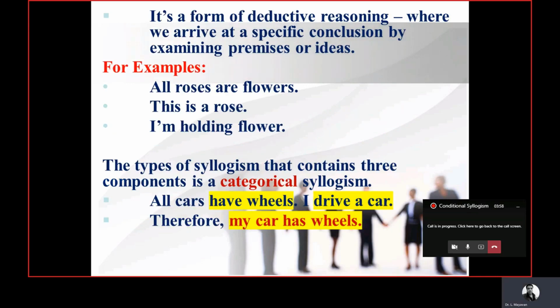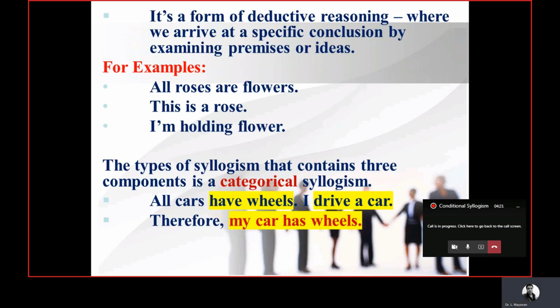And the syllogistic statement is a form of deductive reasoning, where we arrive at a specific conclusion by examining premises or ideas. For example, all roses are flowers. This is a rose. I'm holding a flower.